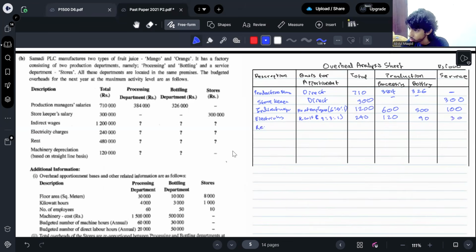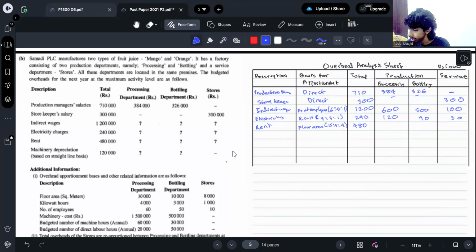Rent expense 480. Rent expense you can divide based on the floor area, in the ratio 15:5:4.